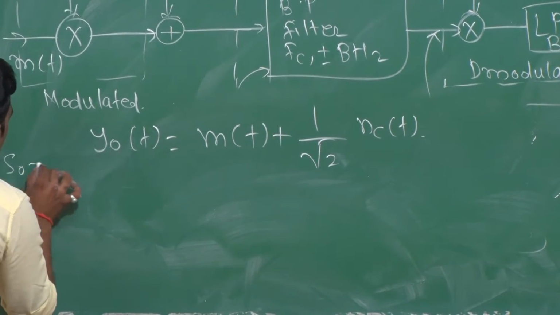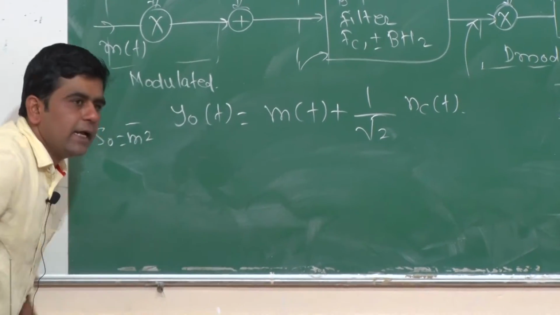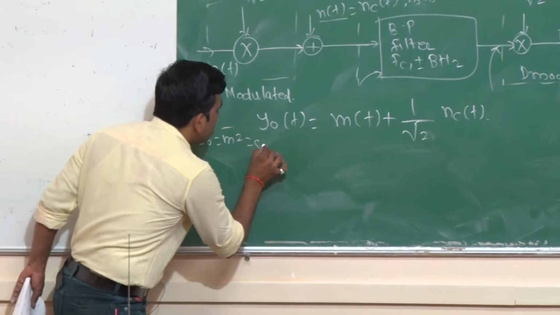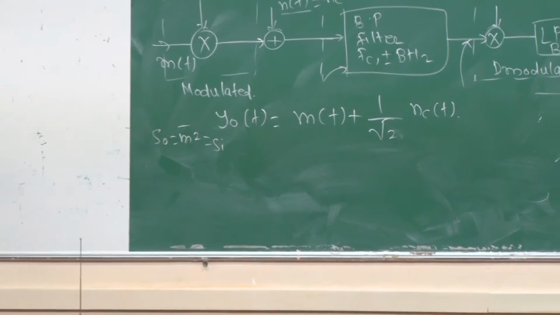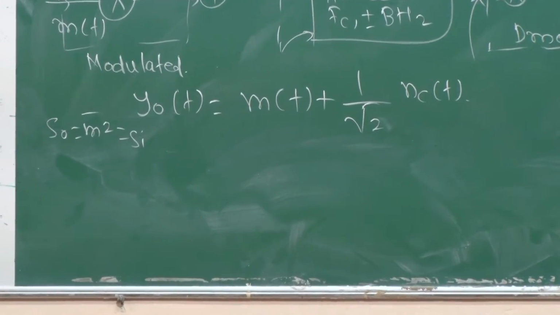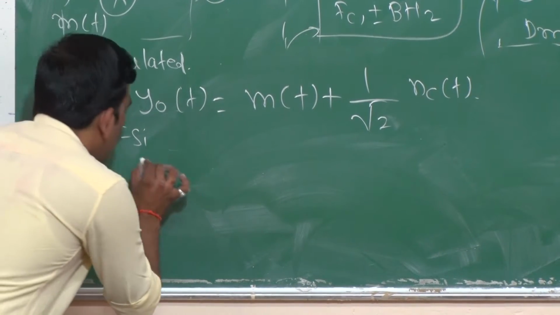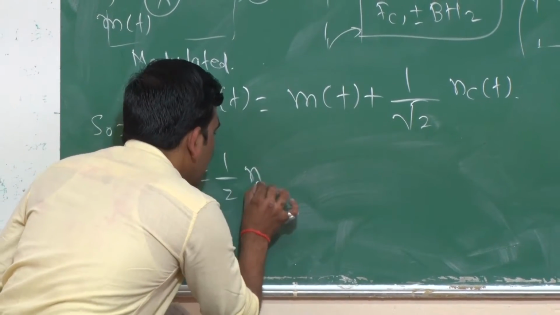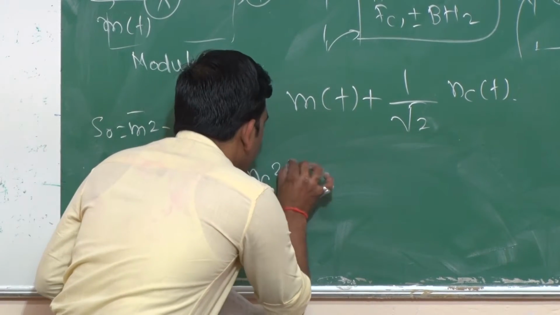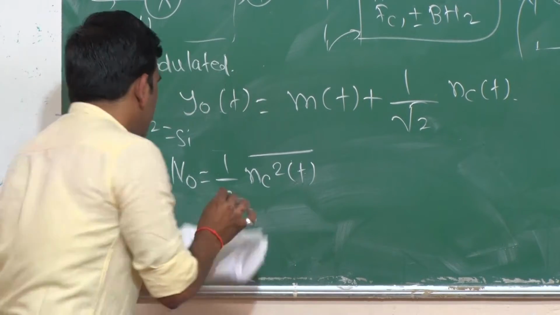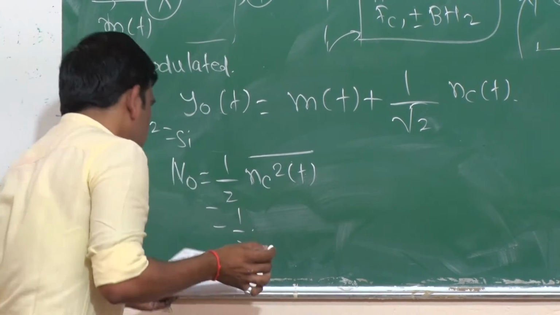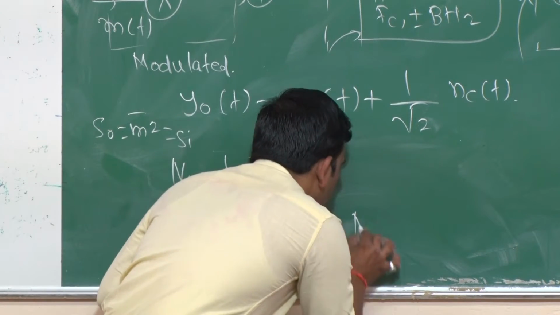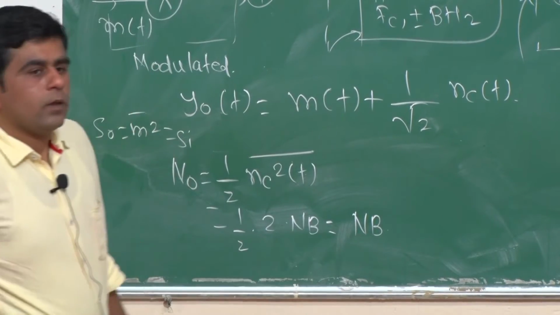Here we have to consider the output power, that is m square bar, as initially we assume that this is equal to Si, the input power, and this n0 is equal to 1 by 2 nc square of t bar, which is 1 by 2 into 2 NB, that is equal to NB.